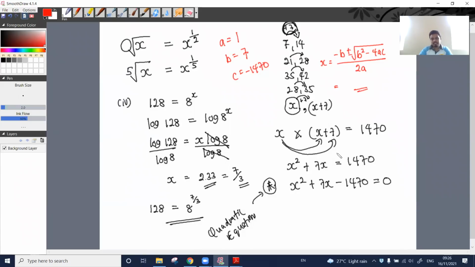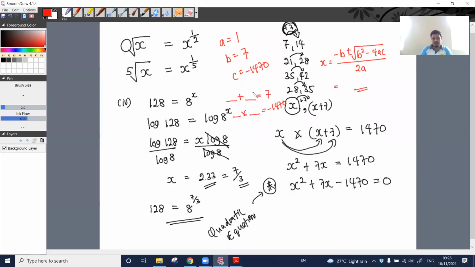Or else, what is the second approach? Using factorization. We need to determine two numbers where once we add them, we should get the value of b. Here in this case, b value is 7. And once we multiply the same two numbers, we should get a into c value. Here it is 1 into minus 1470, so that is minus 1470.